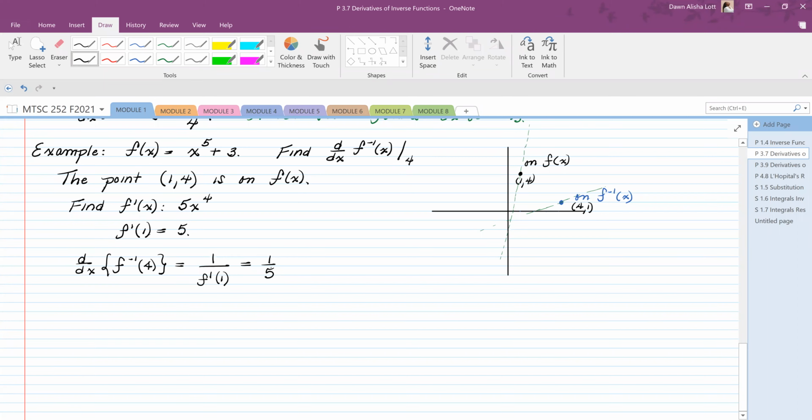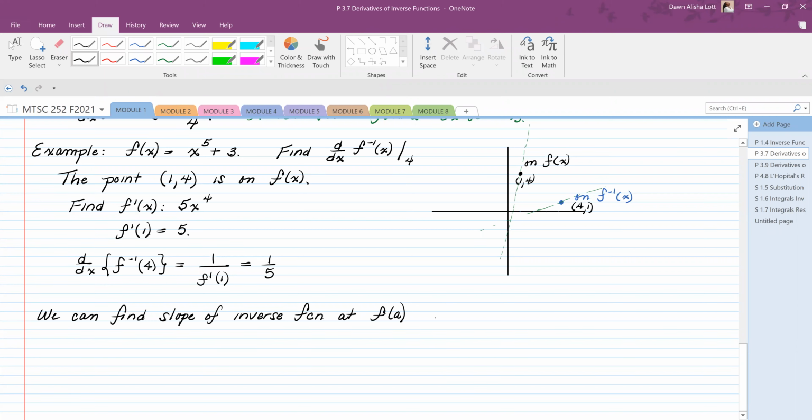So I can find the derivative, or find the slope, of the inverse function at f of a.